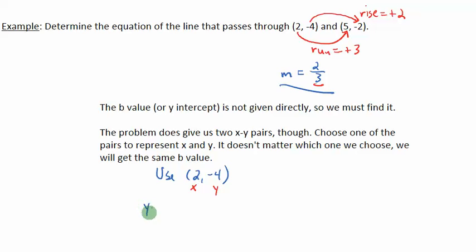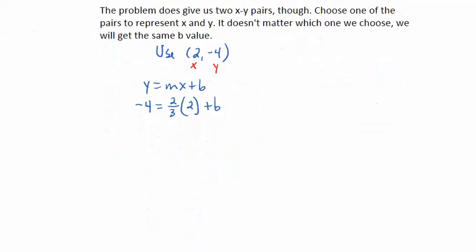So if we take y equals mx plus b, I can plug in -4 for y, I can plug in 2/3 for m times 2 for x plus b. Now I can solve for b to finish the problem. So to do that, I need to multiply the 2/3 by the 2 first to get 4/3.